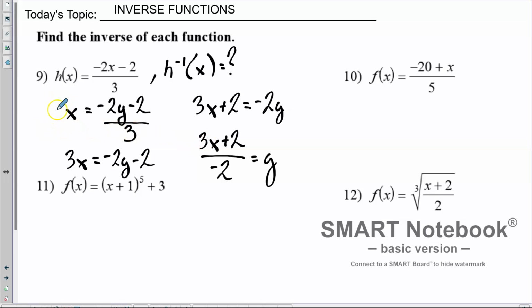Now again, all this process was so that we can get h inverse. So h inverse equals 3x plus 2 over negative 2, okay? And here you have h, and here you have h inverse, okay? So let's try a couple more examples.